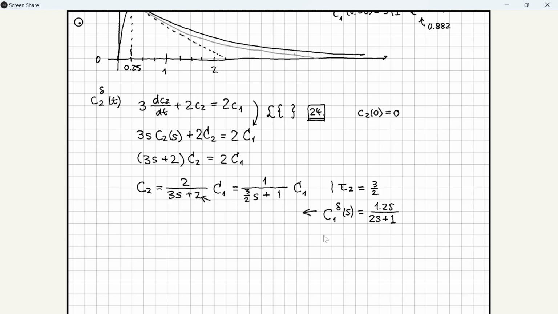And now I can stick this in here. And I can calculate C2 in the frequency domain as 1.25 divided by 3/2 over s. So 3/2 times s plus 1 times 2s plus 1.